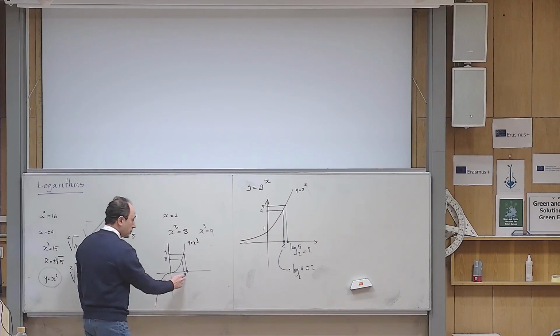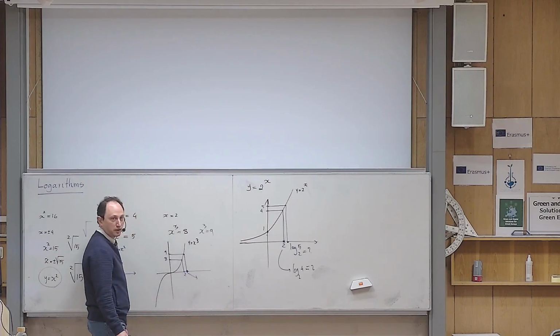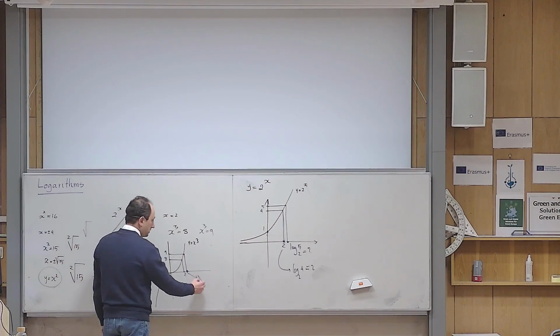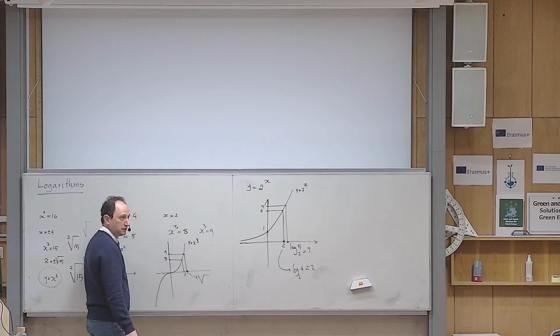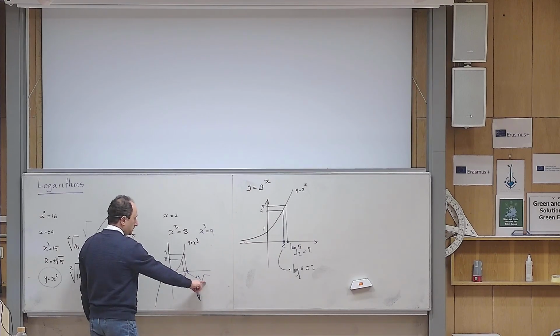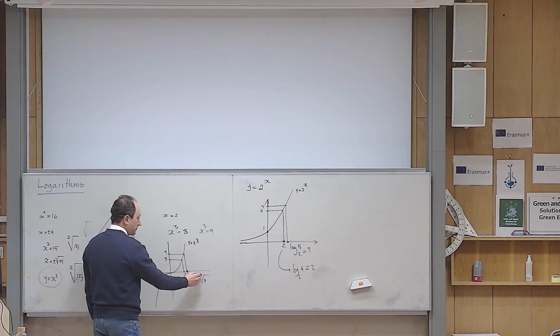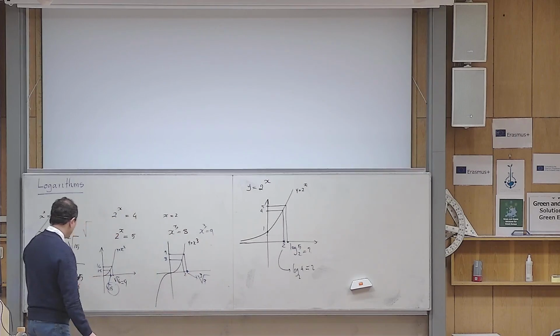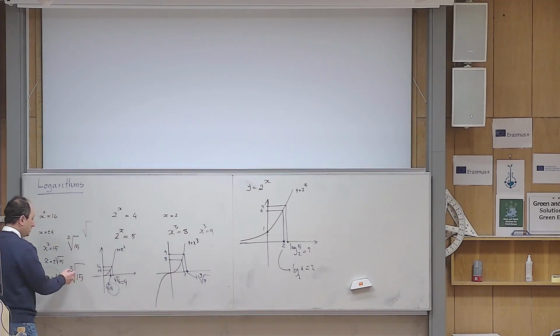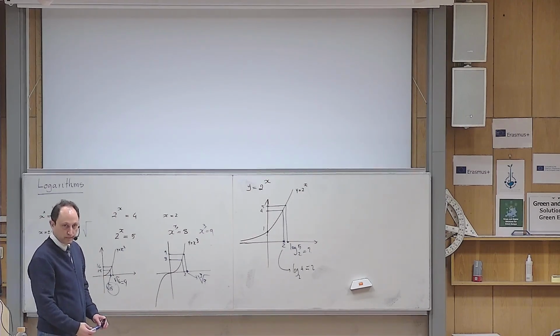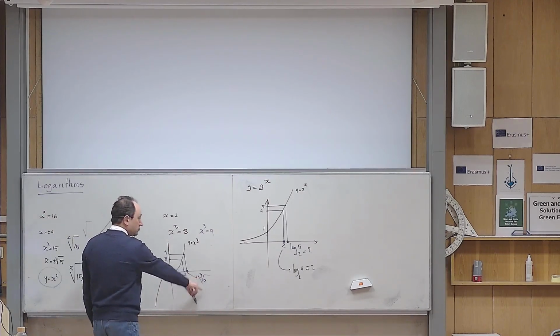That number is represented by which symbol in mathematics? Still use the root sign. What do I put below? 9. But in this case, what do I put above? 3. Because the square root is very popular, we have the convention: don't write the 2 if it is 2. But if you write it, it is not wrong. So that is the same. This is the third root of 9.